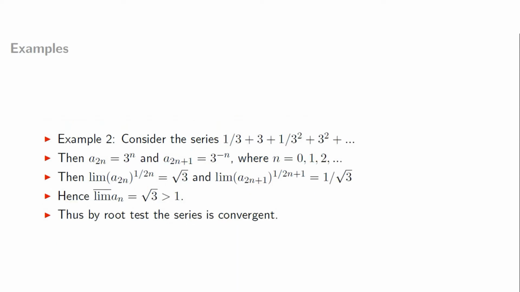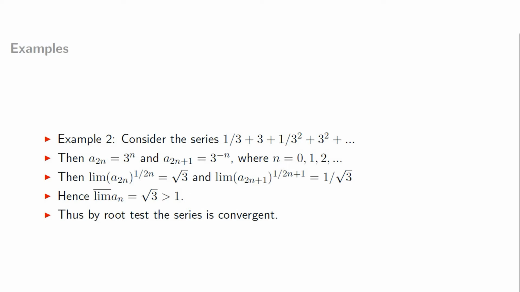Consider our next example, which has some peculiar behavior, where the even terms are powers of 3 and the odd terms are the negative powers of 3. That is, if we consider the even term and odd term, we get a_2n as 3 to the power n and a_(2n+1) as 3 to the power minus n, where n starts from 0 up to infinity.